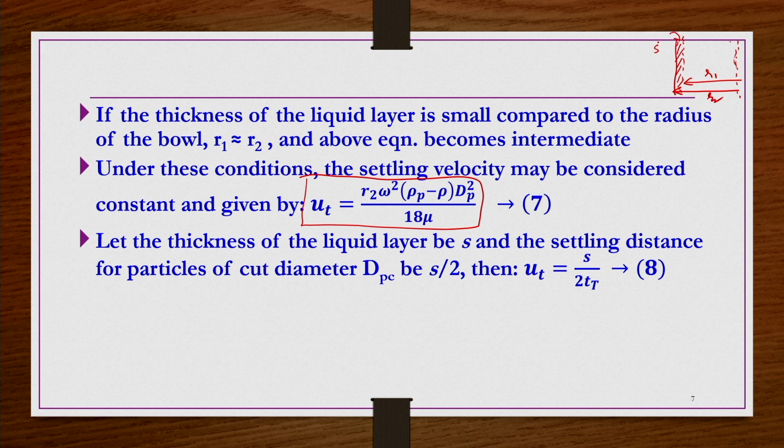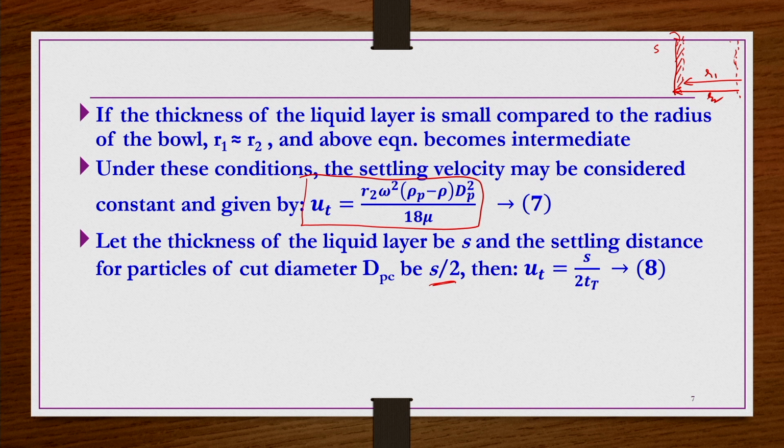So rather than writing R2 minus R1, you just designate some value S. If the liquid layer thickness is S, then the settling distance for particles of cut diameter dpc should be nothing but S by 2, simply as in the previous case where we had R2 minus R1 by 2.